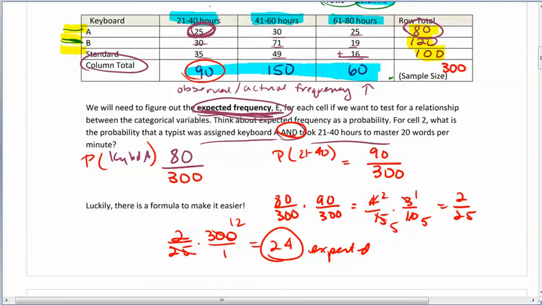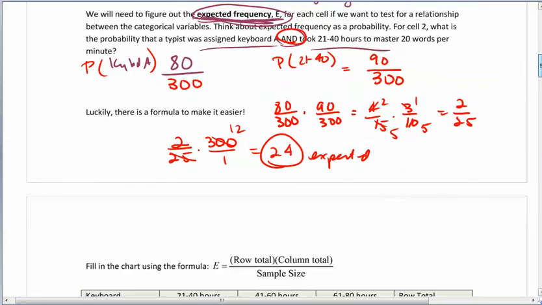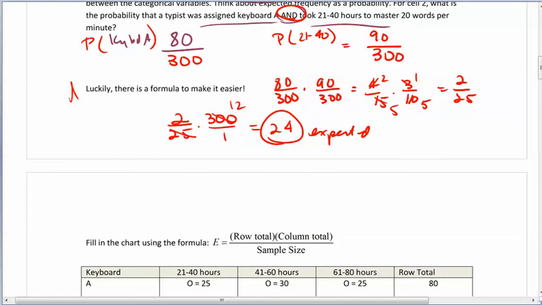We see that there's 25, so off, but not by much, okay. What chi-square is going to do, as you've seen before, is we're going to add up these differences. And the larger our chi-square statistic, the less probable it is that there's no relationship between these two things. Okay, now this is annoying, it takes a long time, so how can we make it go faster?